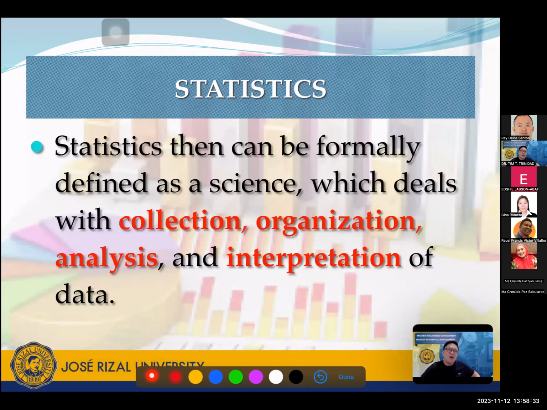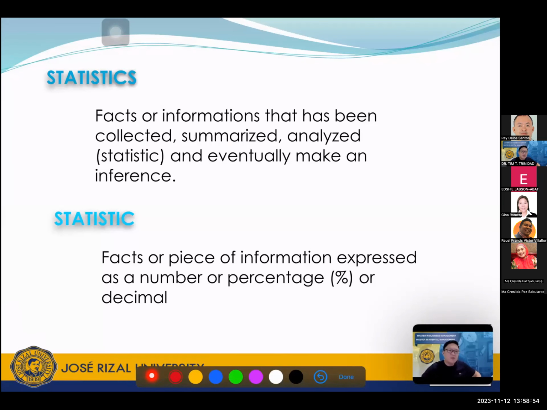So going back, statistics can be formally defined as a science which deals with the collection, organizing, analysis, and eventually interpretation of your data. Statistics means the science or the methods of collecting, summarizing, analyzing, and eventually making inference or conclusion about your data.